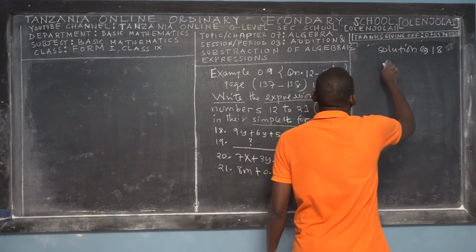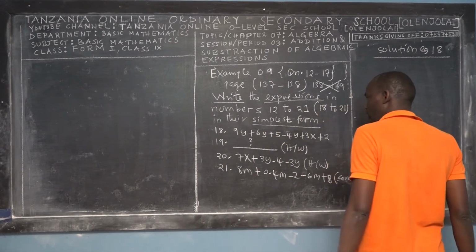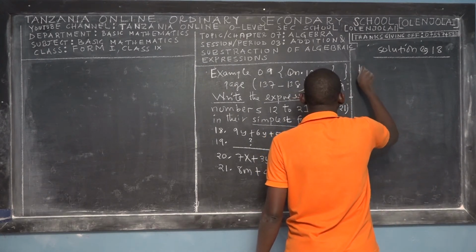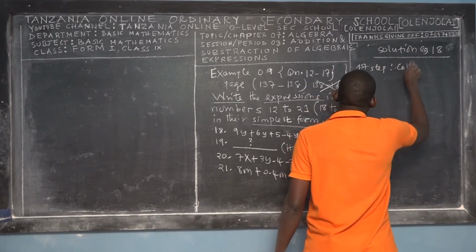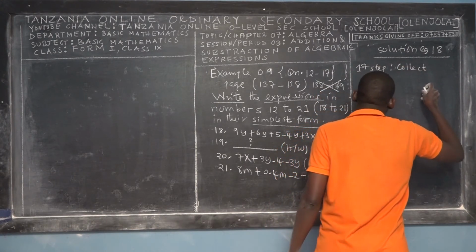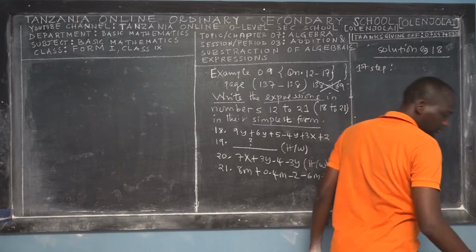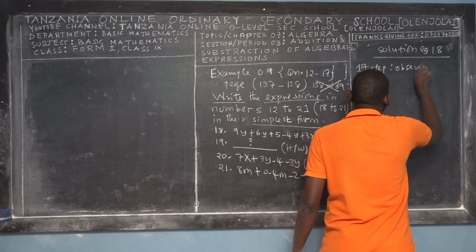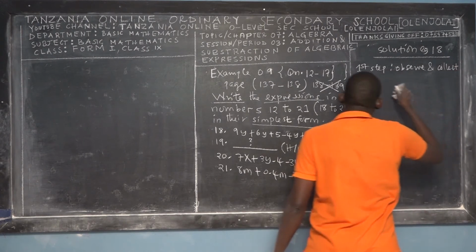So solution of example 18, we have 6 terms, as I said. The first step, just to go straight forward, we say observe and collect like terms.